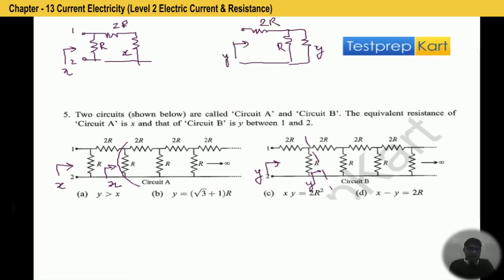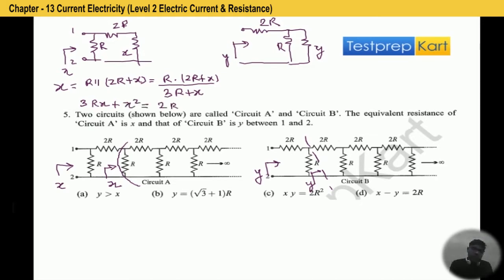Y. So we can write the net resistance. From here we will write X equals R parallel with 2R plus X, which equals R into 2R plus X divided by 3R plus X. So from here we'll get 3Rx plus X square, which equals 2R square plus Rx.